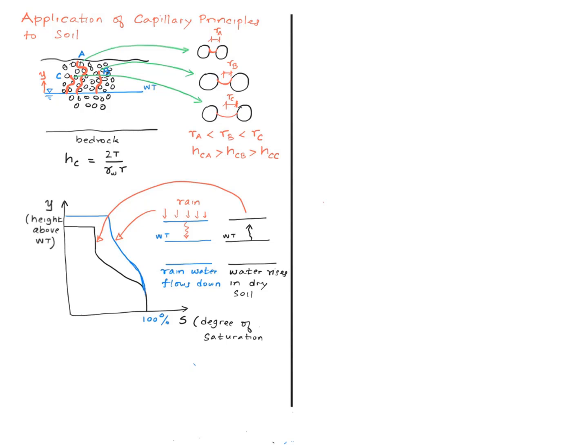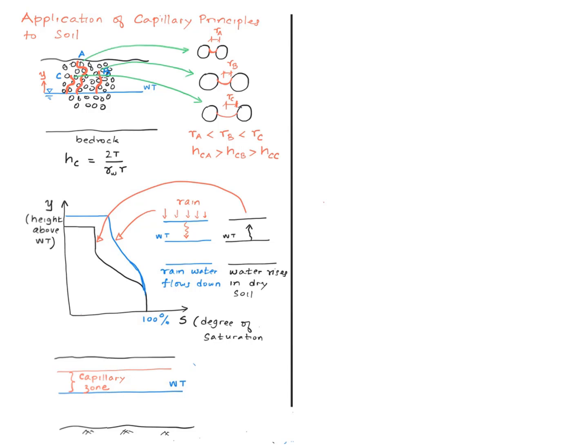If the water flows down due to rain, you will see that a larger part of the soil layer will be saturated. On the other hand, if it rises from a water table, the capillary height is going to be a little smaller.